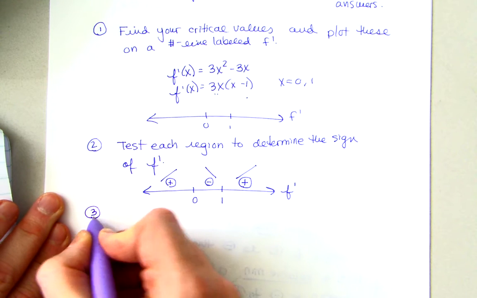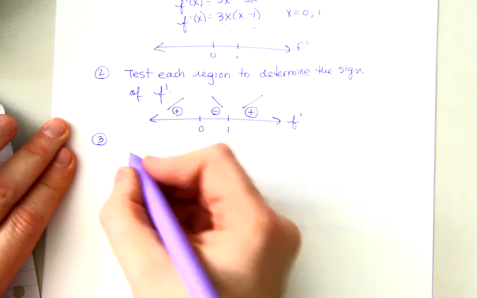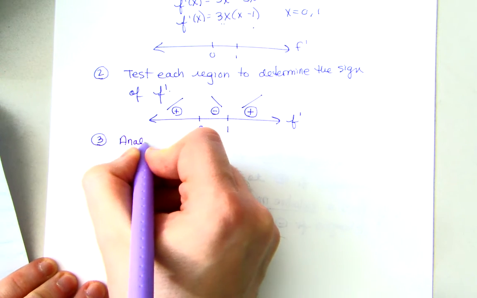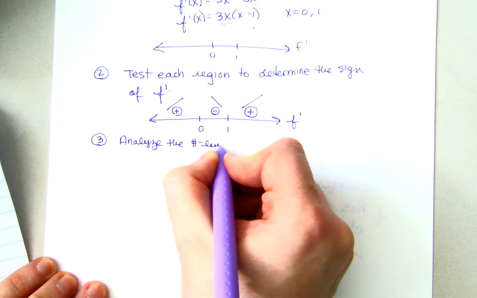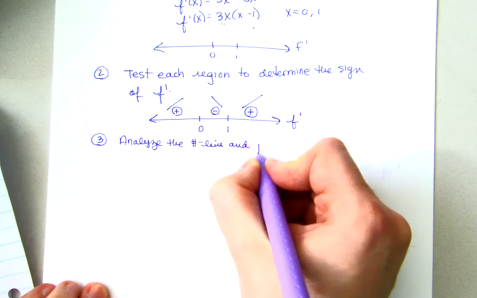Step number 3 is going to be analyze the number line and justify your answers.